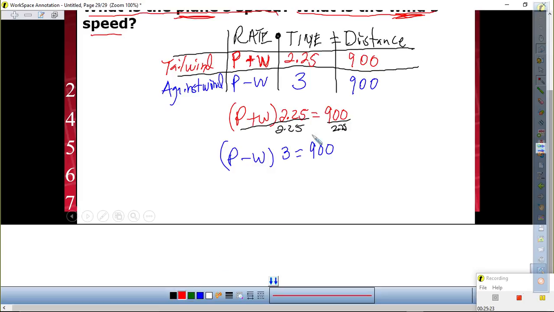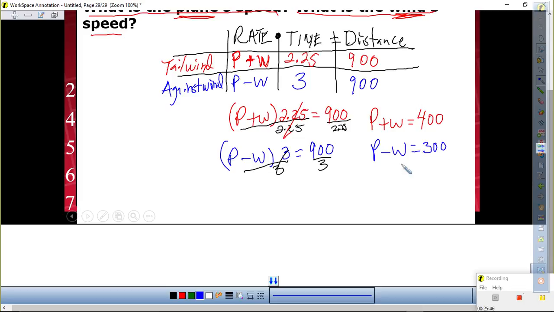That leaves me with, check this out, P plus W equals, what is 900 divided by 2.25? That's 400. So this one, I'm going to divide by 3, divide by 3. Therefore, I'm left with P minus W equals, what is 900 divided by 3? 300.